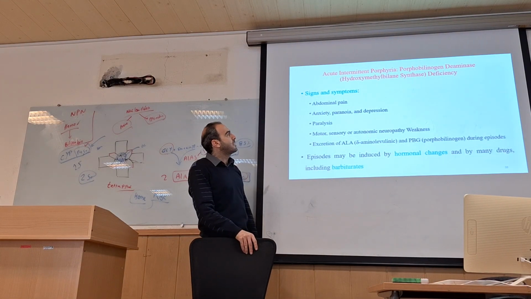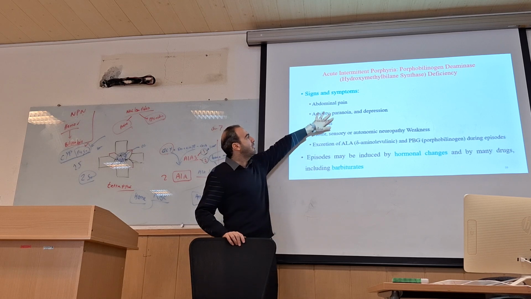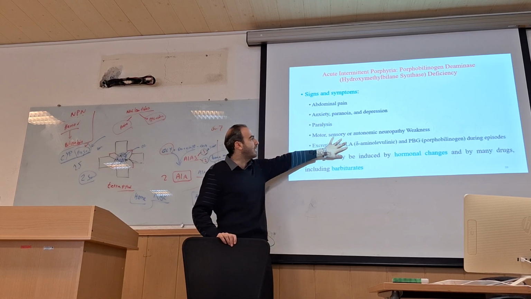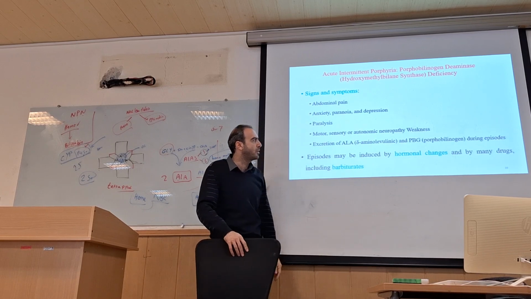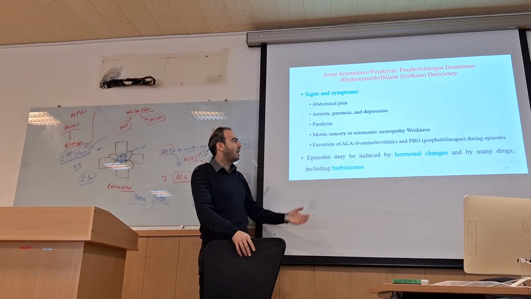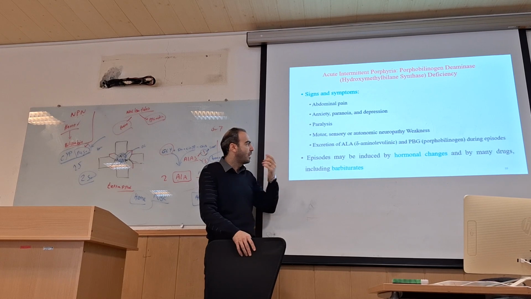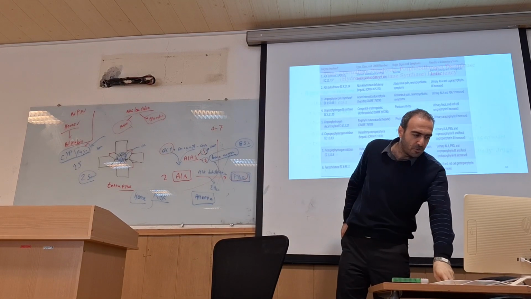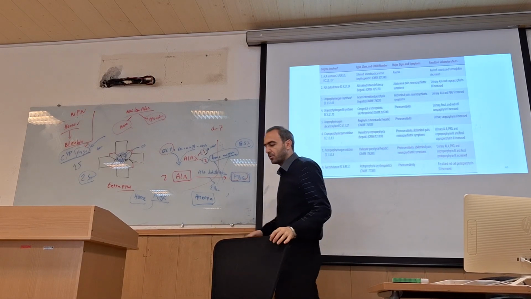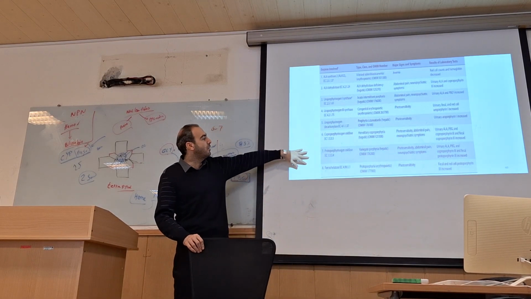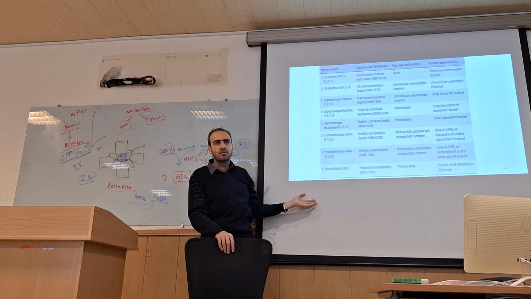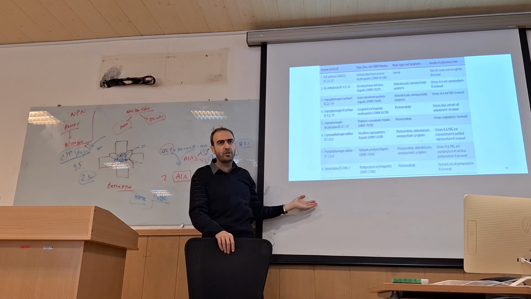These are the signs and symptoms: abdominal pain, anxiety, depression, paralysis, motor and sensory autonomic neuropathy, weakness, and excretion of ALA. When they use some drugs like barbiturates, the episodes also increase. Here you can see all 8 diseases related to porphyria.